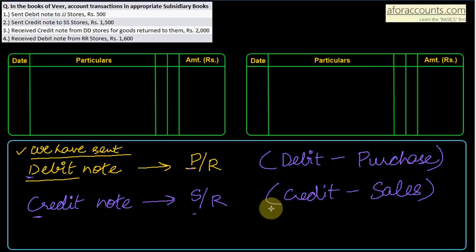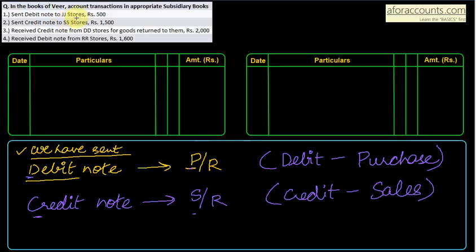So first think कि मैंने क्या भेजा है, and according to that डेबिट नोट और क्रेडिट नोट पे परचेज रिटर्न बुक होगा या सेल्स रिटर्न बुक होगा, you will decide. I'll show you with the example, especially this question for those who get confused in debit notes, credit notes, purchase return book, sales return book. So let's start.